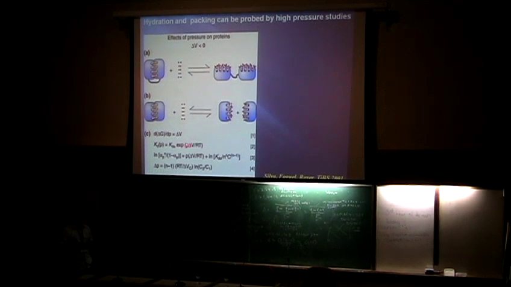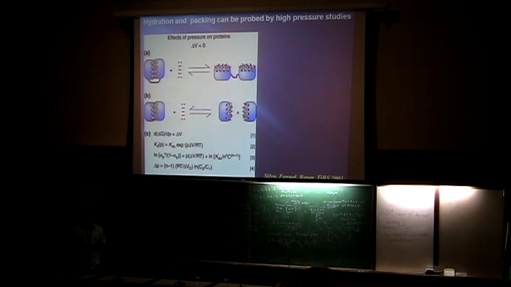up to 20 kilobars, you don't affect bond lengths and bond angles with pressure. That's a lot of pressure, but it does not affect them. And also, you don't affect hydrogen bonds, because once a hydrogen bond is broken in, let's say, a helical protein or a beta sheet, it's replaced by hydrogen bonds with water.